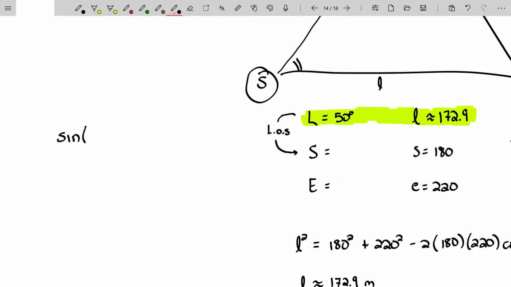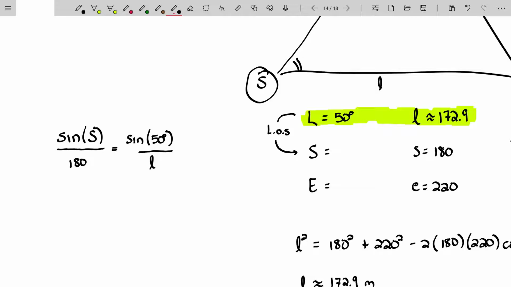The sine of that angle S is to its opposite side as the sine of the angle L, 50 degrees, is to its opposite side, lowercase l. And notice I'm not actually writing in 172.9 because I want to use the value in Desmos that I saved.